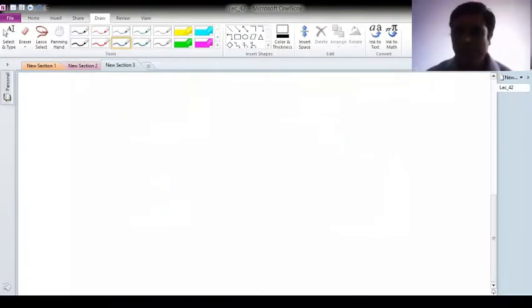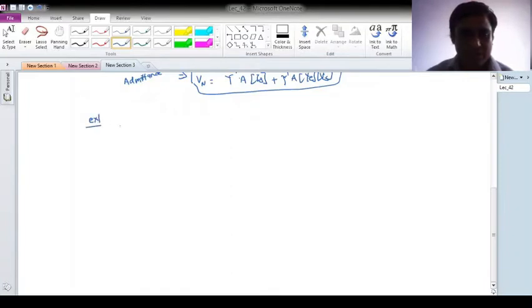So suppose this is example one, and the network is like this. Then a current source is connected with it, then there is a resistor connected with a voltage source.